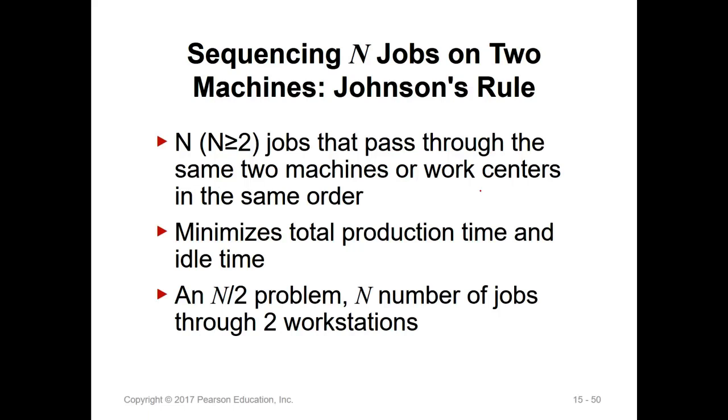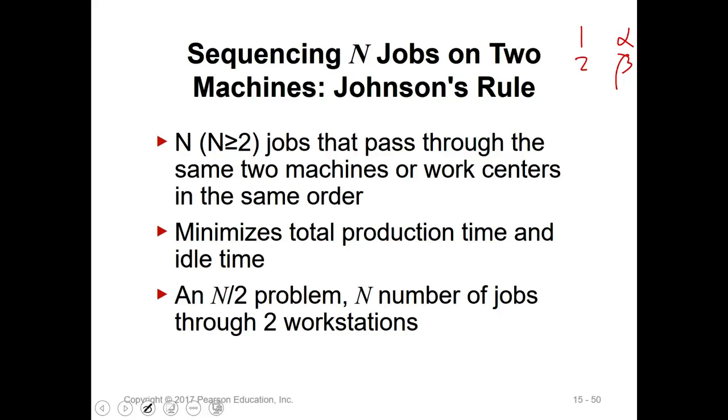But I want to explain how Johnson's rule works, so we can sequence N jobs, A, B, C, D, E, on 2 machines. You can call them machine 1 and machine 2, or machine alpha and machine beta.